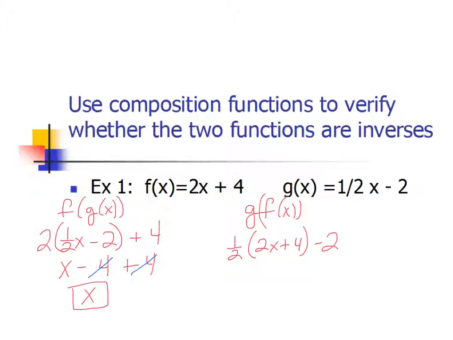If you distribute 1/2, 1/2 times 2 is 1x, half of 4 is 2, minus 2, the 2's cancel, all I have left is x. So that's my verification. There's no real shortcut to doing that. If they want you to verify it or prove that they're inverses, it's all in showing that work to see how everything cancels out and you end up with x both times.